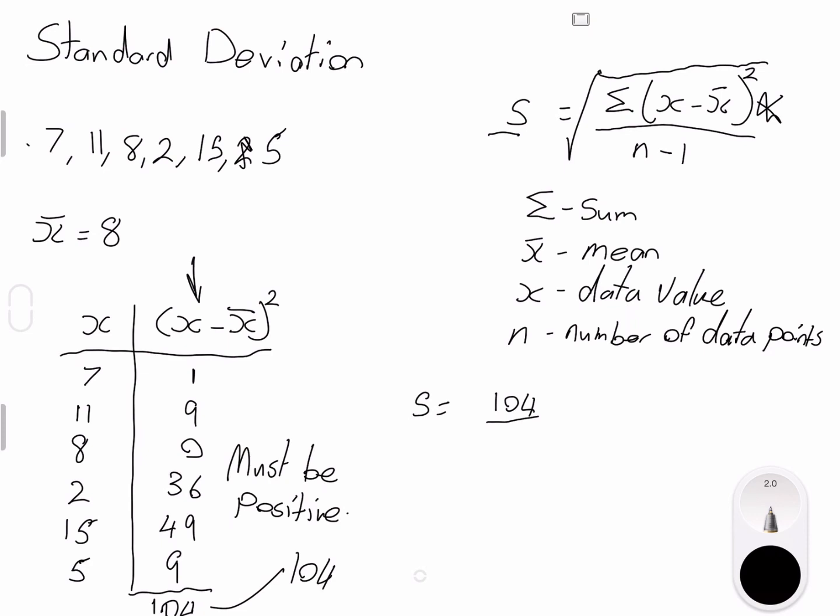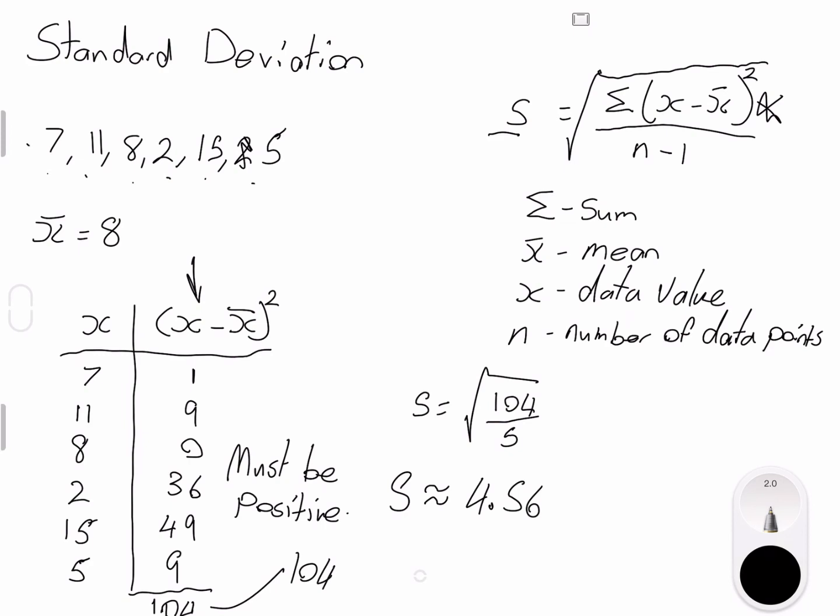So there's 1, 2, 3, 4, 5, 6 points. 6 minus 1, which is 5. Now, if we plug that into our calculator, we're going to have the standard deviation as roughly being equal to 4.56.